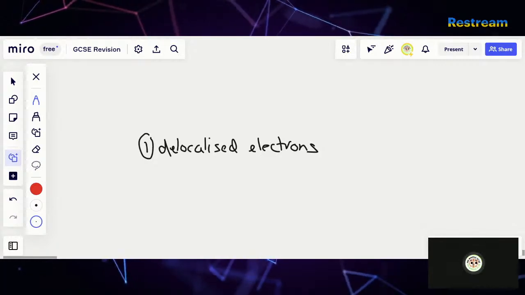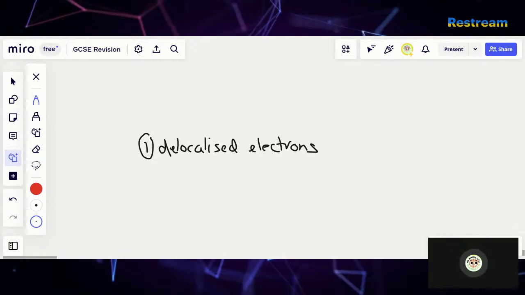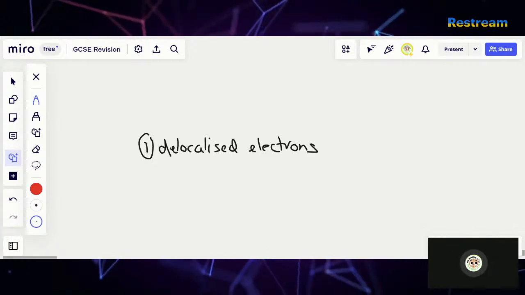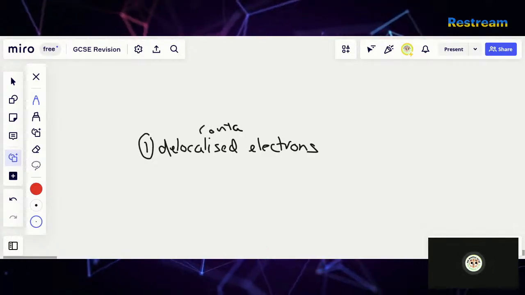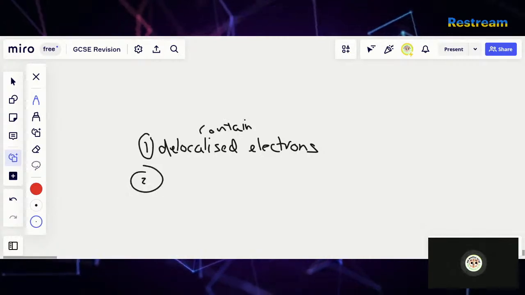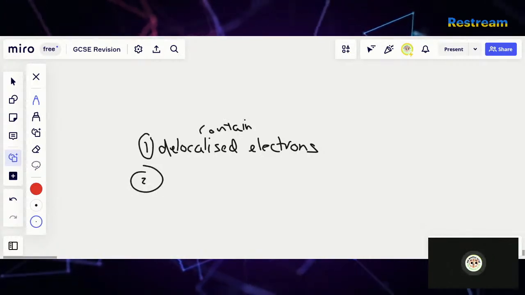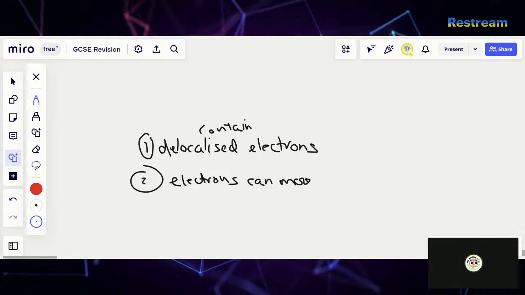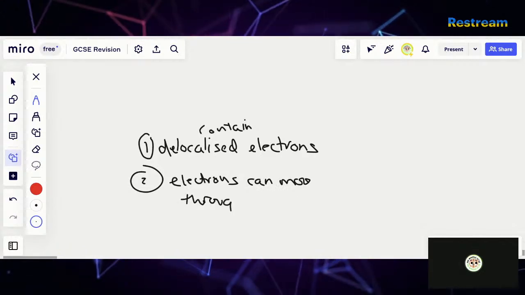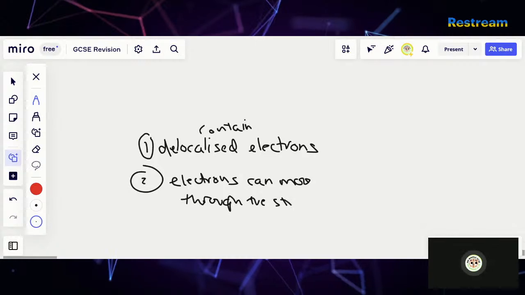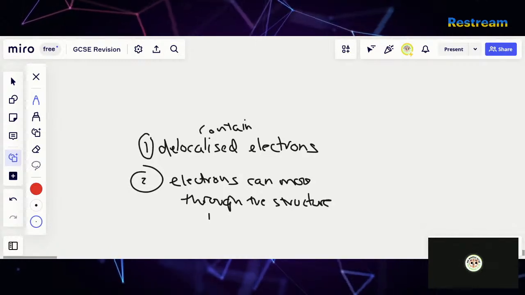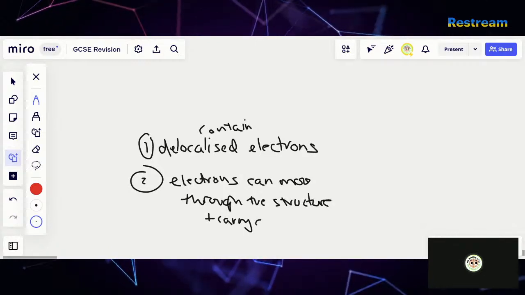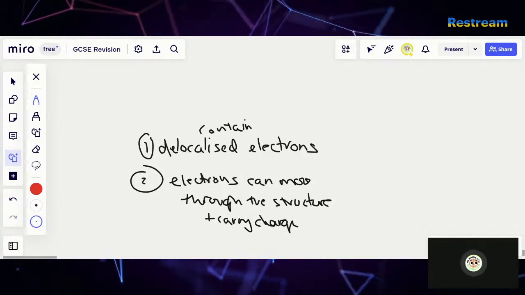And so if we're explaining why carbon nanotubes conduct electricity, you can say firstly they contain delocalized electrons, and then secondly, talk about the purpose of it, therefore the electrons can move through the structure and carry charge. Okay, now let's move on to the next question.